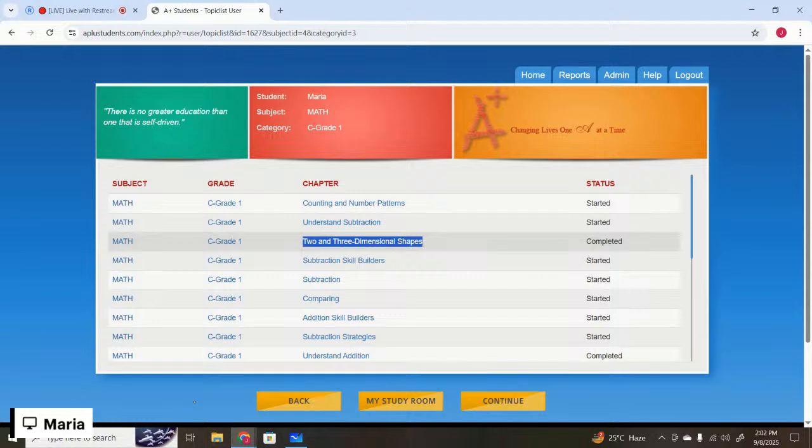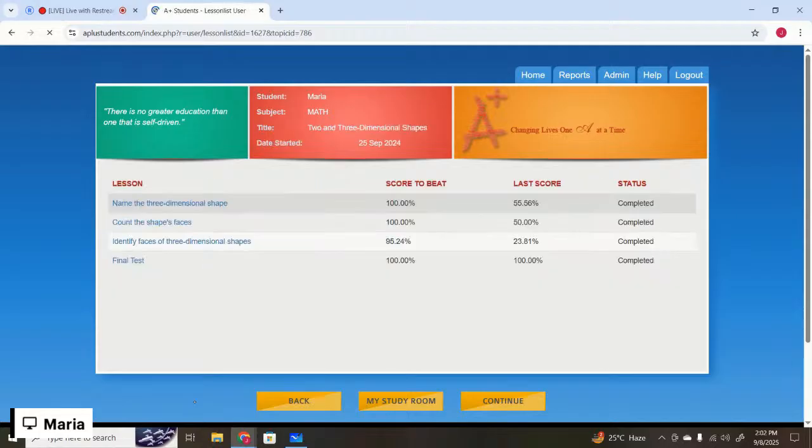Let's just start with the lesson. Let's start with the first lesson: name the 3-dimensional shapes.